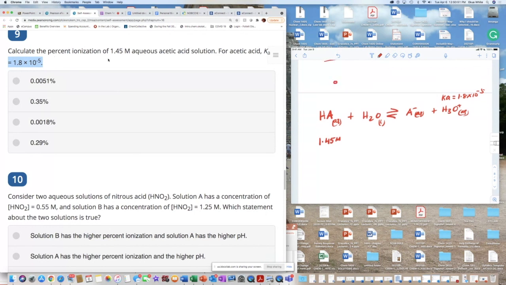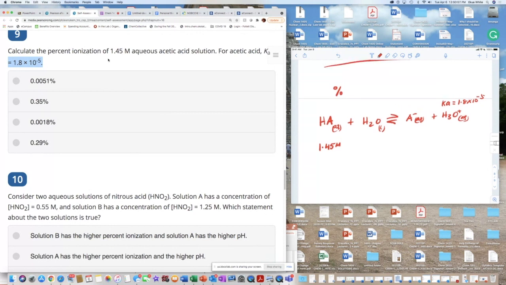Okay, I'm going to write this up here. The percent ionization formula is so similar to the 5% rule that sometimes I end up confusing the two. Percent ionization is saying what amount of the acid ionized compared to the original compound. So in other words, what's the H3O plus concentration over the original acid amount, and then multiply this by 100.